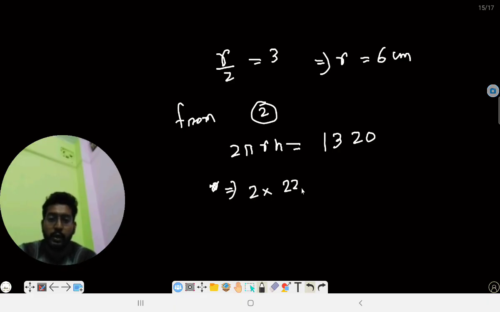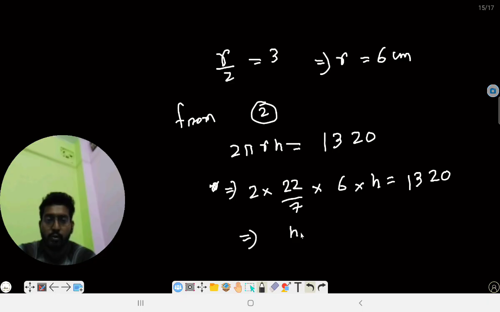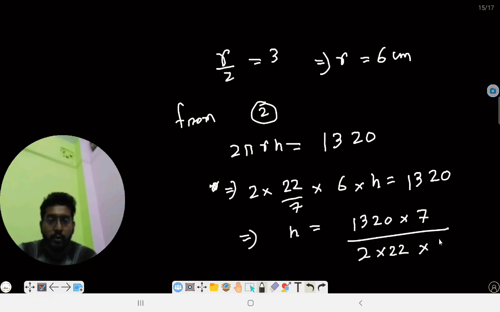Now 2 into pi. Pi means 22 by 7, into r, r is here 6, into h, equals 1320. So here h will be 1320 into 7 divided by 2 into 22 into 6. By 11 it will be 2, and by 11 that will be 1, then 2, then 0.